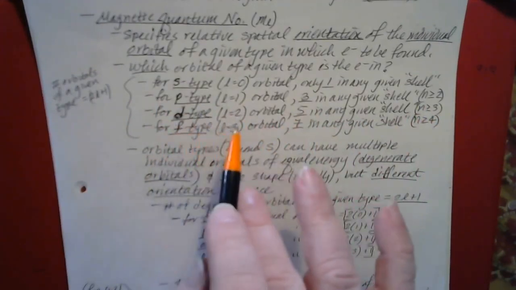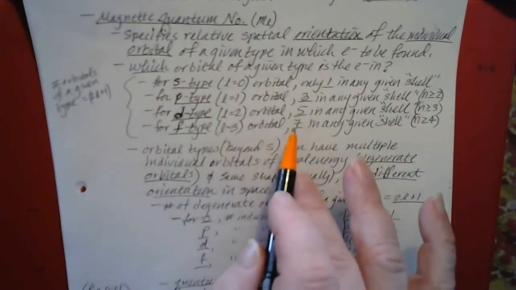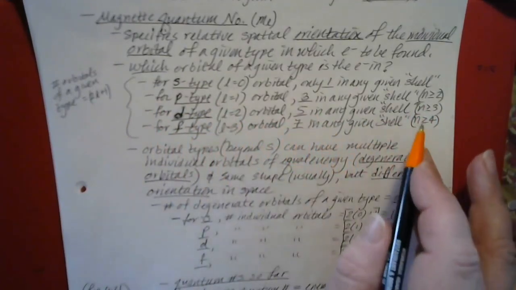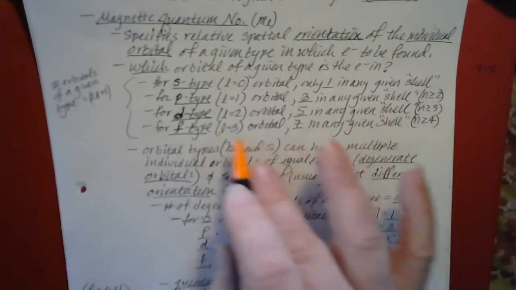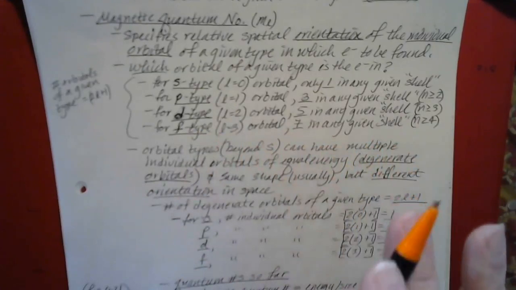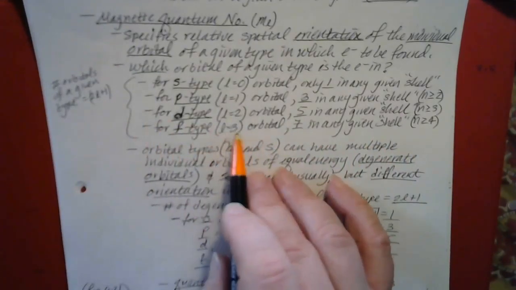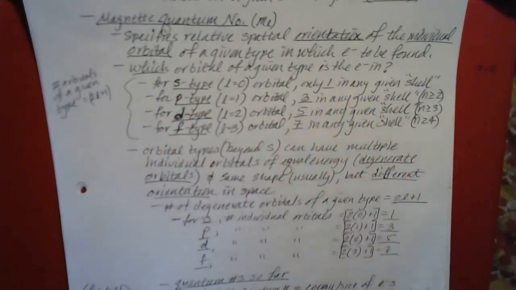And for the L equals 3, or F-type orbitals, as we already saw, there are 7 of those in any given shell that has them, but only shells from n equals 4 on up have them. So there are no F orbitals in n equals 1 or 2 or 3. And sure enough, 2L, that is 2 times 3 is 6, plus 1 is 7. Or you can just remember 1, 3, 5, 7.